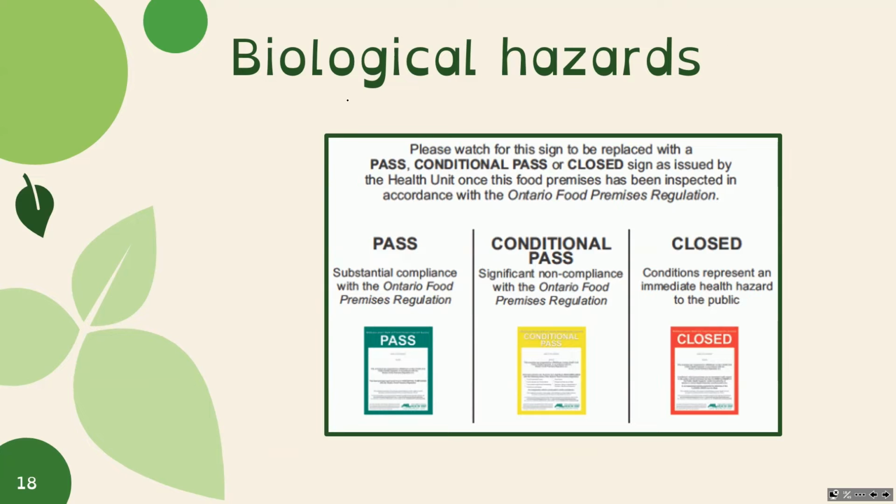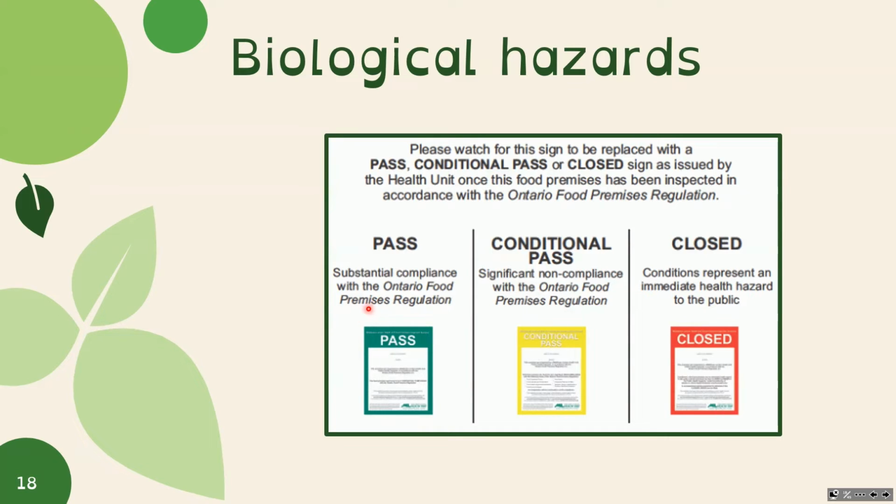There is the green pass one, and it might look slightly different depending on the organization or municipality, if it's Toronto or Northwestern Ontario, under the Northwestern Health Unit. They'll have different logos and things, but generally it's the same thing: the pass, which is green, means substantial compliance with the Ontario Food Premises Regulations.